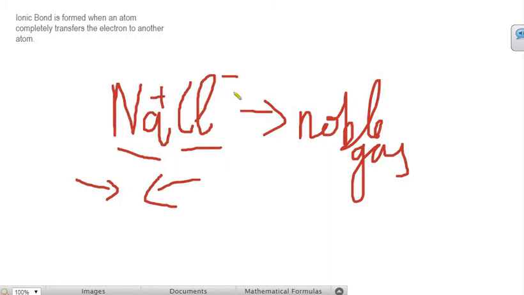Now what happens between these two is not like the water molecule where oxygen shares one electron with the hydrogen, and hydrogen receives one electron. It's more of an ionic bond where natrium or sodium completely gives off.